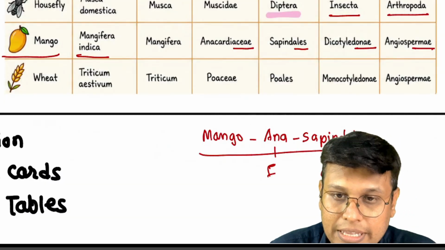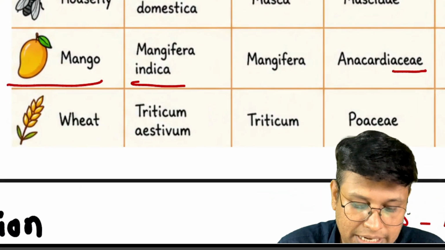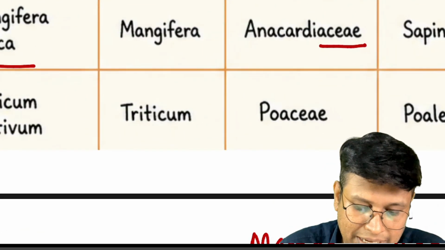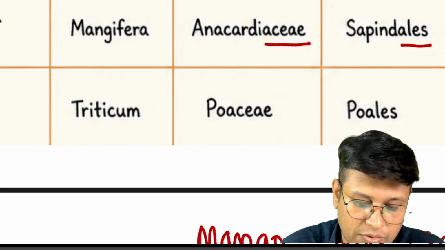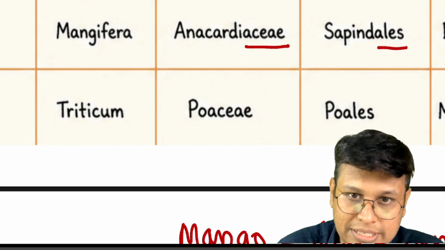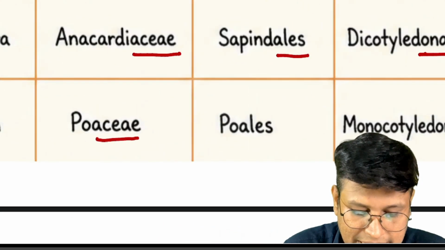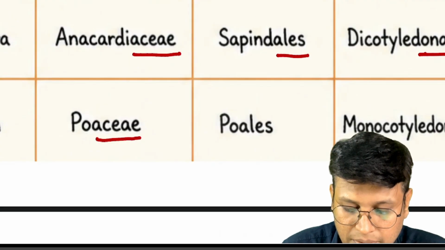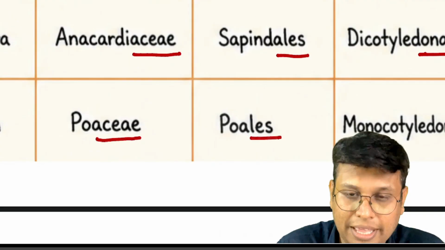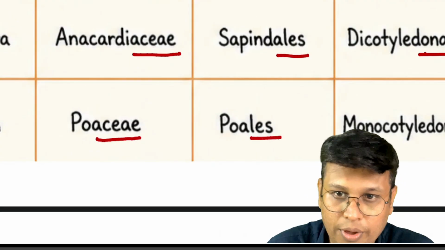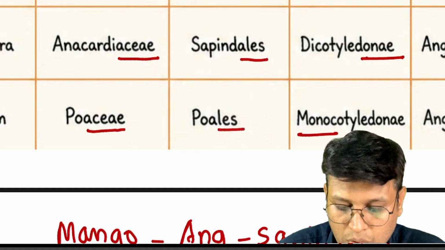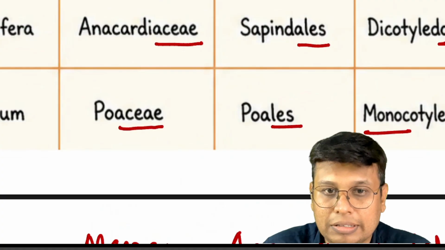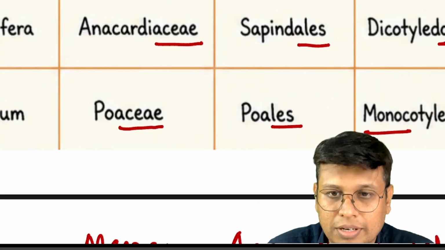Next we have wheat, that is Triticum aestivum, that is the name, and Triticum is the genus. Again we are going with the Poaceae family. Poaceae is the family because of ACEAE, and Poales is the order. So Poaceae, Poales, and it is monocot. Compared to all, this one is very easy to remember.